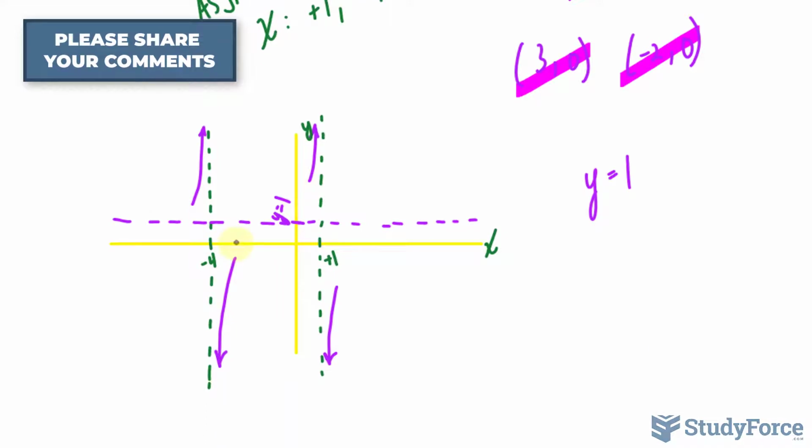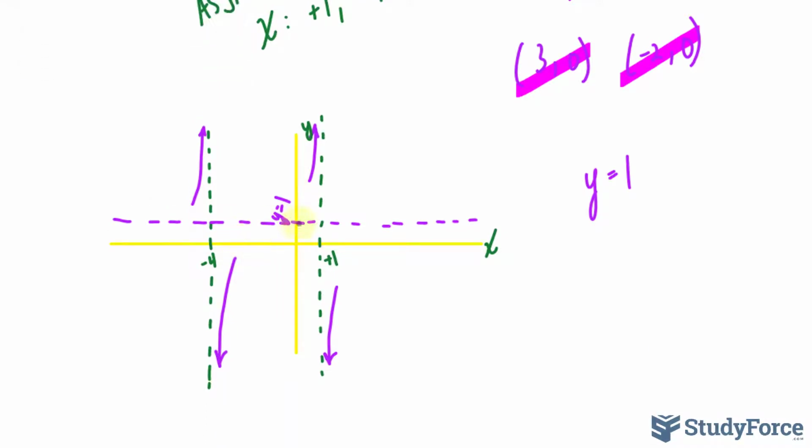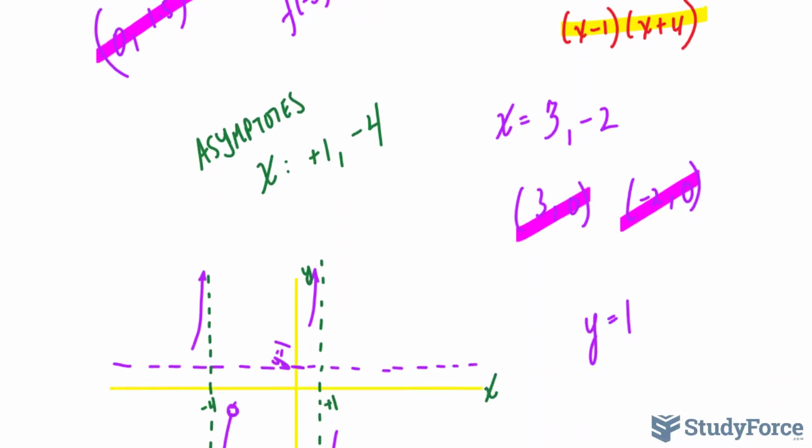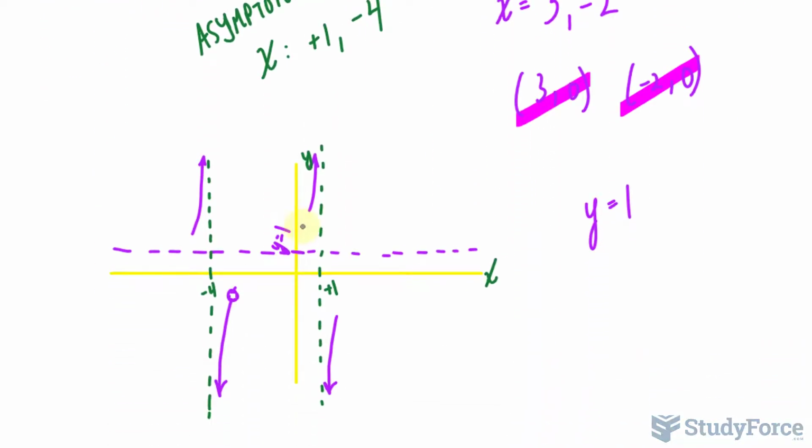Negative 3 should be somewhere here, and negative 1.5 we can say is right there. So there should be a hole as shown right here. Furthermore, the point 0 and 1.5 was a y-intercept. So 0 and 1.5 is right here. Expect this to pass through there.